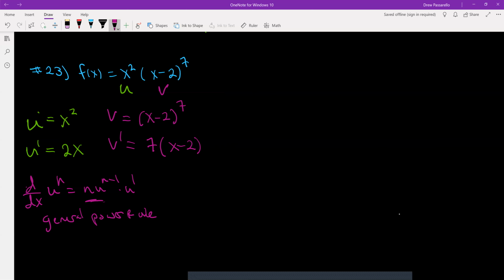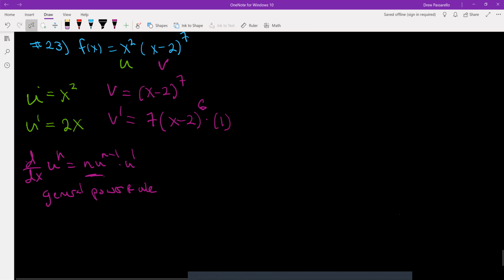Well, then it'll be to the 6th power, because n minus 1, that's 7 minus 1. Then times the derivative of u, or the inside function. Our inside function is x minus 2, and the derivative of x minus 2 is 1, because the derivative of x is 1, and then that'll be 1 plus 0, because the derivative of negative 2 is 0. So really it's times 1. Right, that's the derivative of x minus 2.